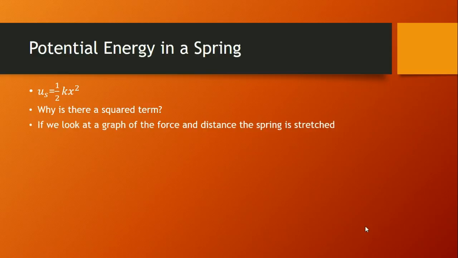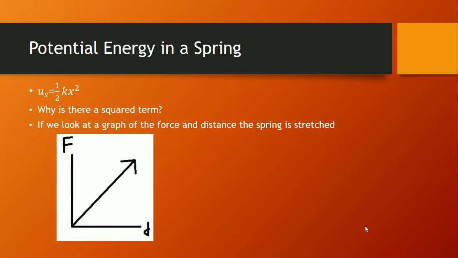If we look at a graph of force and distance when a spring is stretched, we will get a graph just like this. Force is on the y-axis, distance is on the x-axis, and we have a straight line.